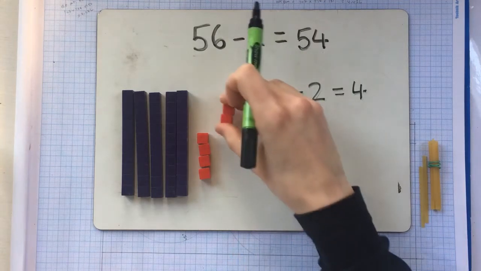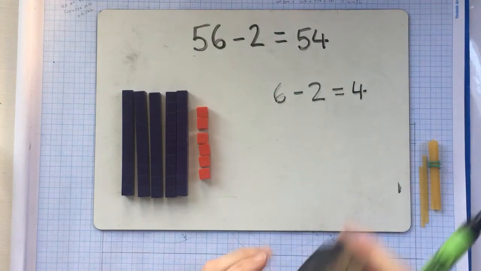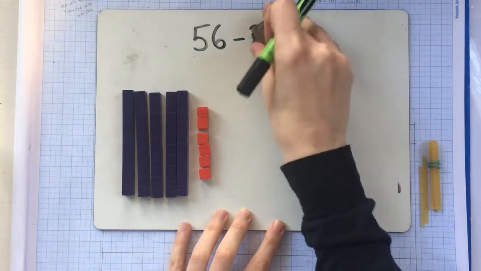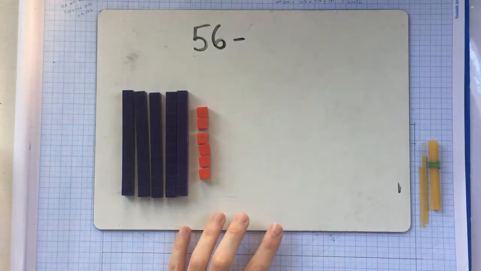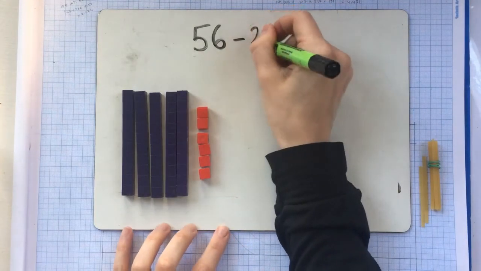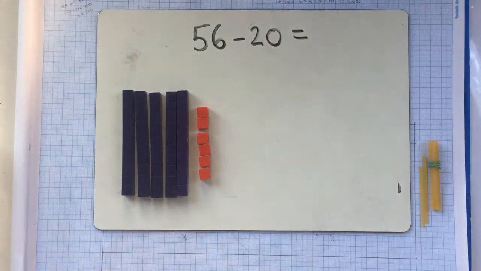So the next stage that children are taught is to subtract a tens number from a 2-digit number. So for example, 56 subtract or minus 20. So this time we get children to use slightly different sentences to explain what it is they're doing as they're working through the method.